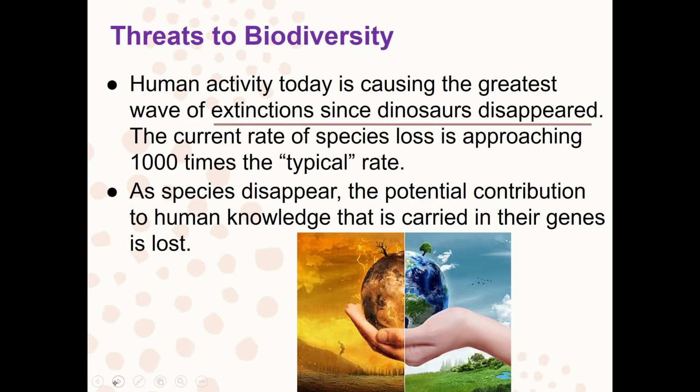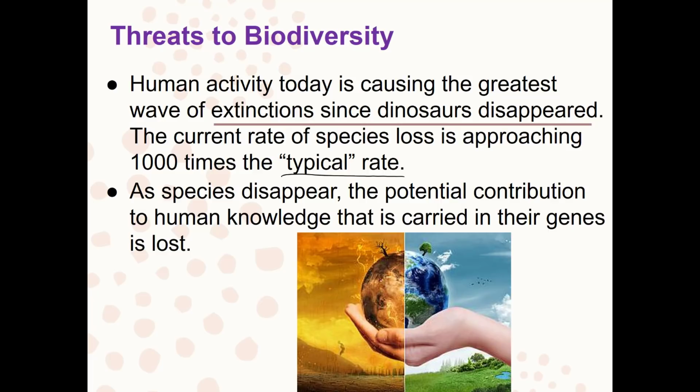Now, the next thing we're going to go ahead and look at is these threats and how they affect biodiversity. So human activity today is really causing the greatest wave of extinctions. We've seen the current rate of species loss approaching about 1,000 times what the normal rate is. So we're really seeing a lot more species go extinct a lot faster than we ever have before.